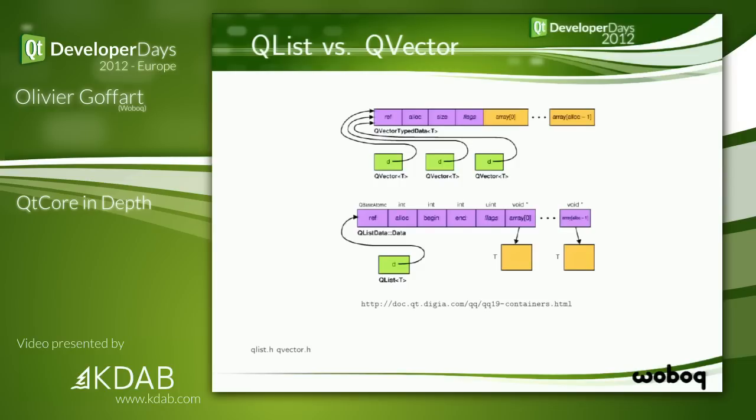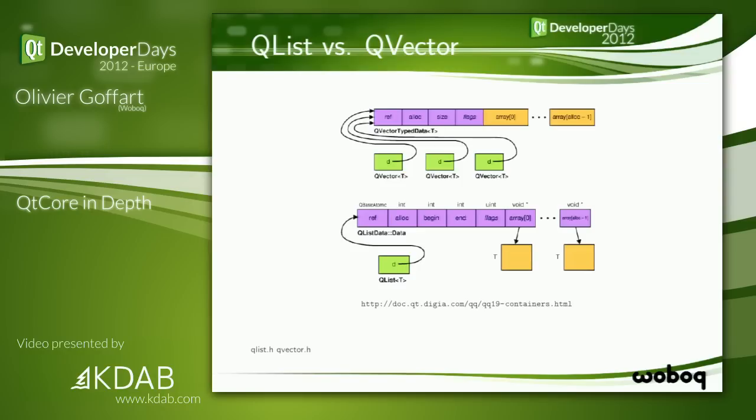I'm stealing those images from one of the Qt Quarterly articles that was released shortly after QtCore. Just take a picture of this or just Google for it. It explains how the containers in Qt 4.0 work. This has changed a bit, but it's still mostly the same.